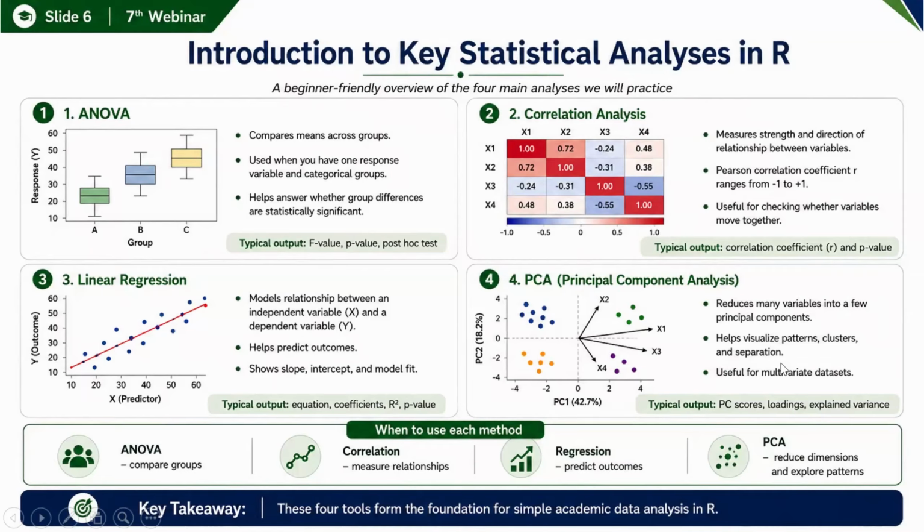These four tools form the foundation for simple academic data analysis. Irrespective of your field, even if you are in humanities, you can employ some of these analyses. It will help upgrade your manuscript.